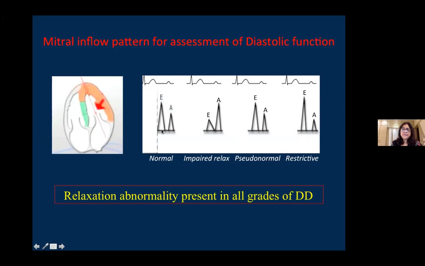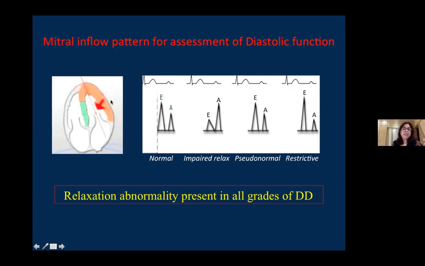Now, the blood which is remaining in the left atrium will be pumped from the left atrium to the left ventricle. Though the left atrial pressure is very high, and the blood is going with high pressure, the LV is non-compliant. It is behaving like a balloon made of thick rubber.